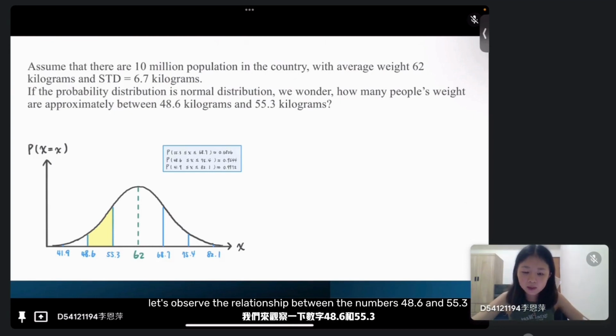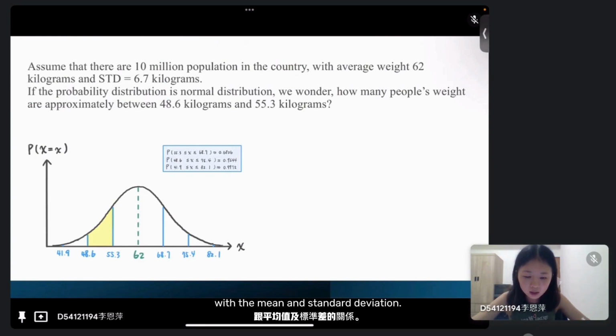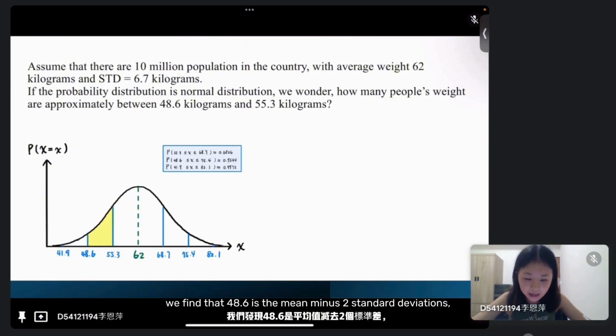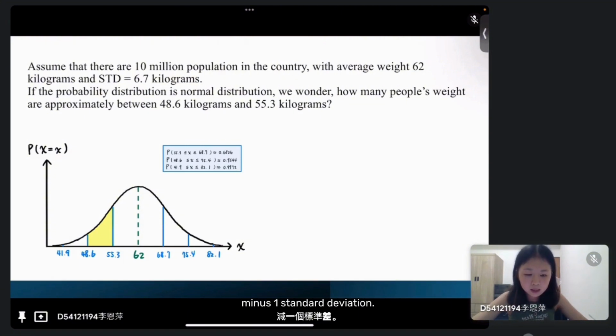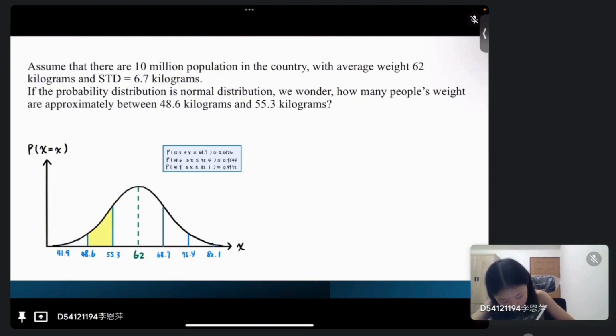First, let's observe the relationship between the numbers 48.6 and 55.3 with the mean and standard deviation. Upon inspection, we find that 48.6 is the mean minus 2 standard deviations, and 55.3 is the mean minus 1 standard deviation. We need to calculate the probability for the interval from the mean minus 2 standard deviations to the mean minus 1 standard deviation.